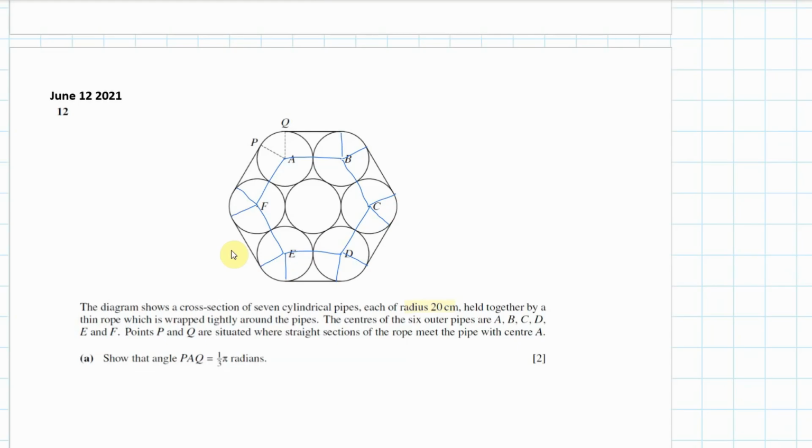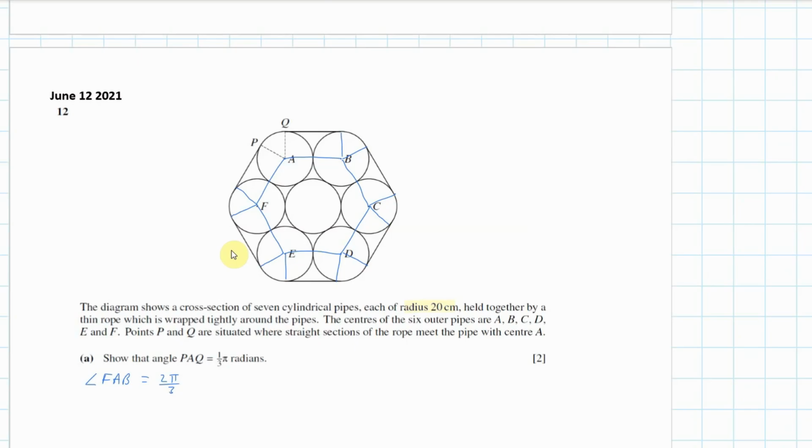Now, we know that angle FAB, if it's a regular hexagon, which it is, should be 120 degrees, which is 2 pi over 3.